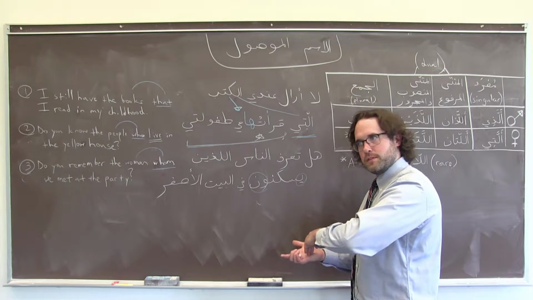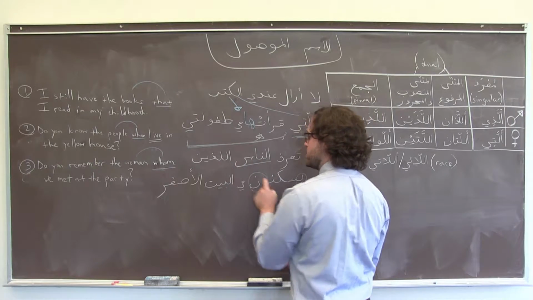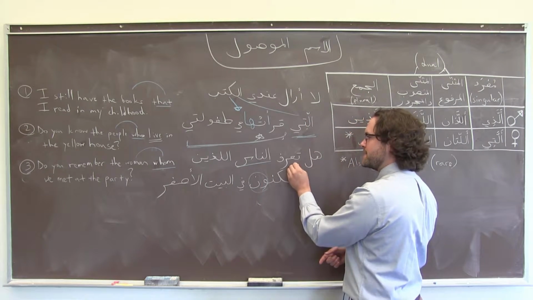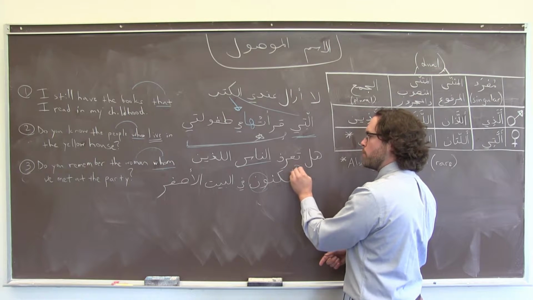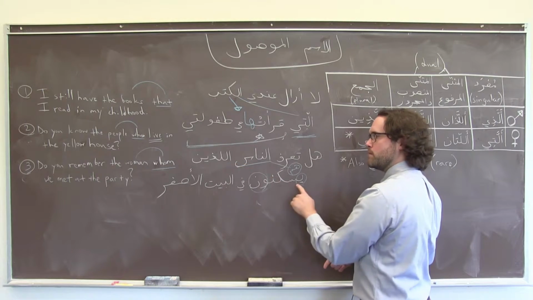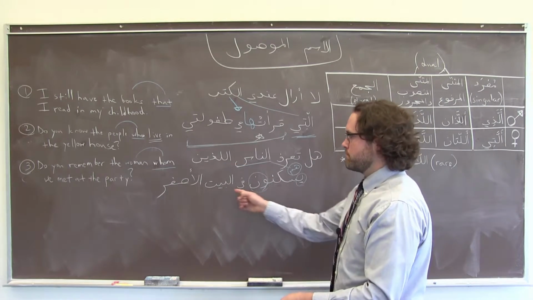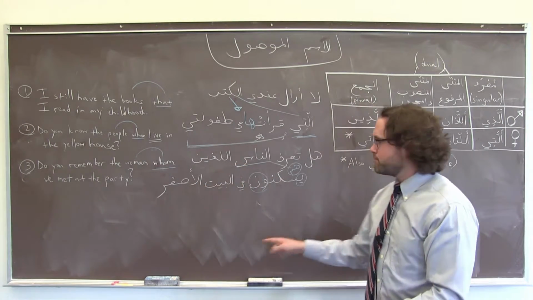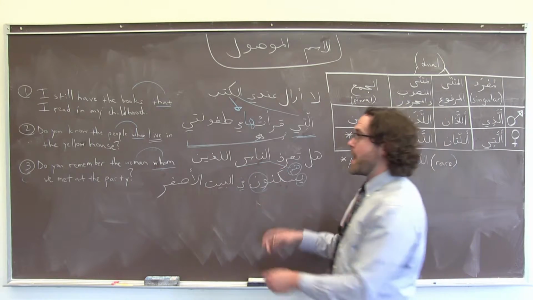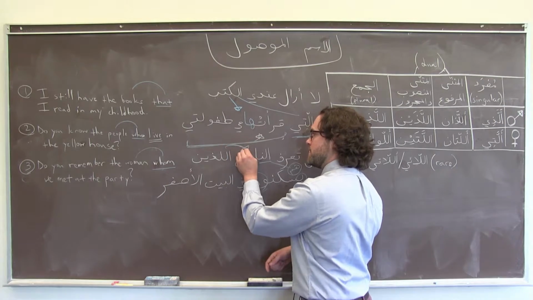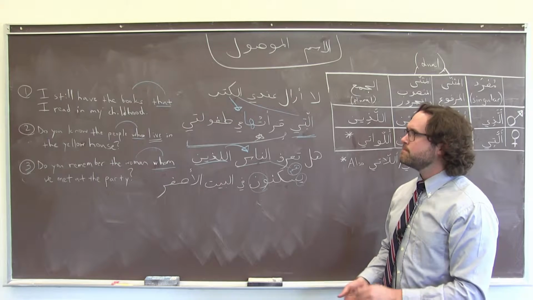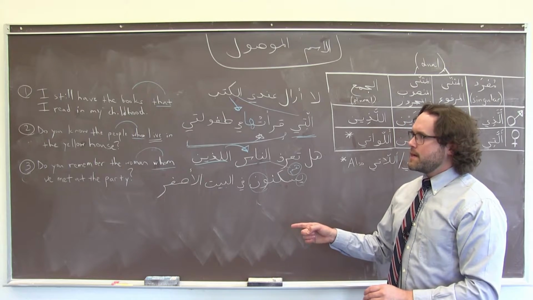So the reference to الناس is contained within يسكنون. Think of it as an imaginary hum, right? Who? I'm referring to those people. The people who they live in the yellow house. It's in there. There's a reference to the noun that the relative pronoun is referring to. So I'm good. One final example.